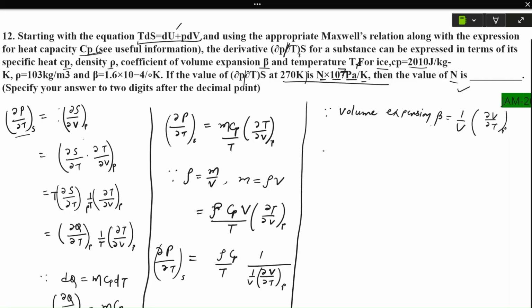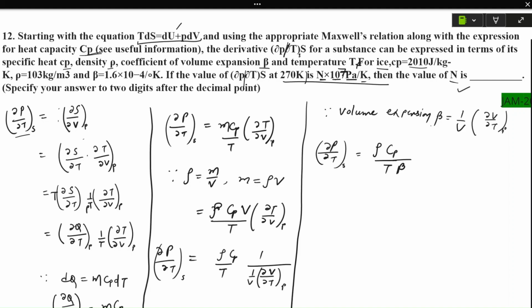This is equal to volume expansion. So now put it here. We get del P by del T at S is equals to rho Cp T upon beta.